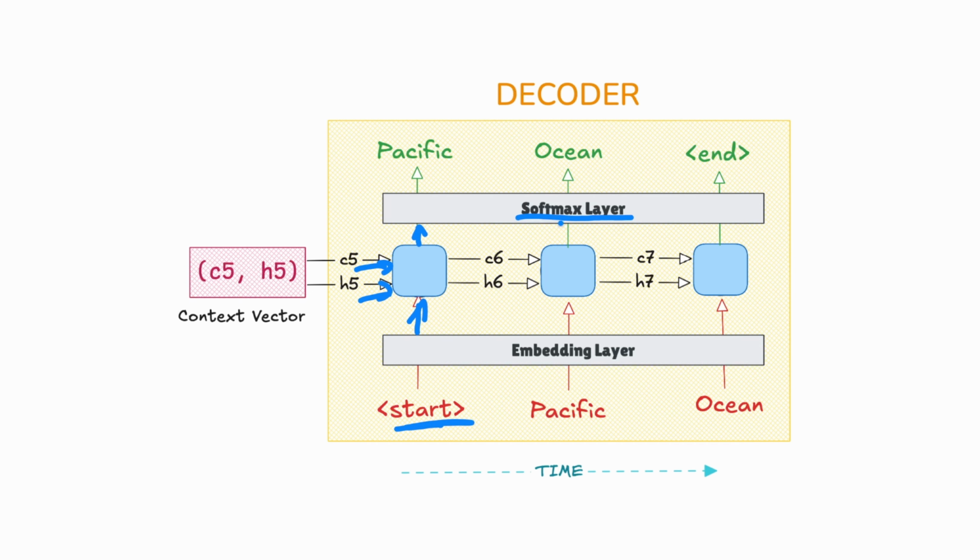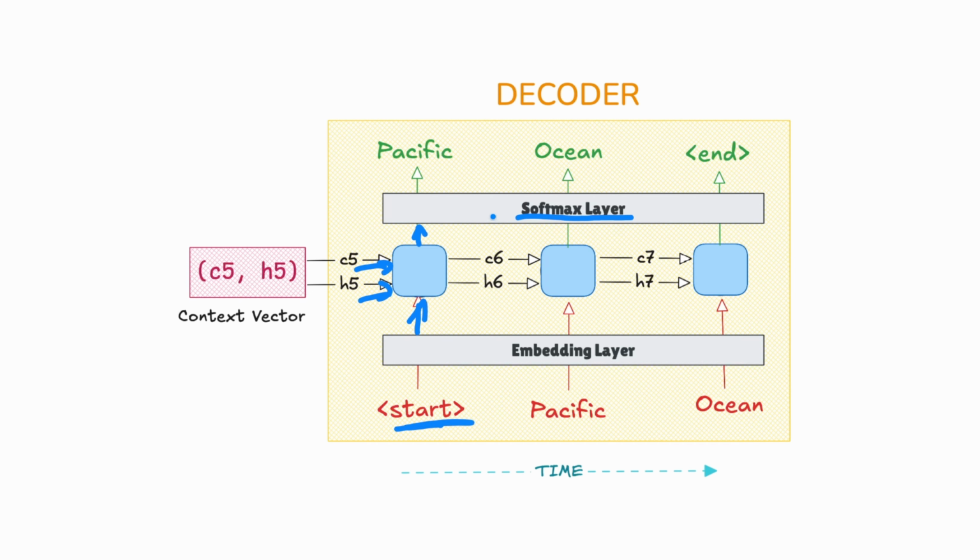And we need to convert that output, that is the numerical form output, into a word. So this softmax layer is used. You can think of the softmax layer as the reverse of this embedding layer, because here we convert the numerical form data into text data. So if you input the numerical form, we'll get the output word or output token.